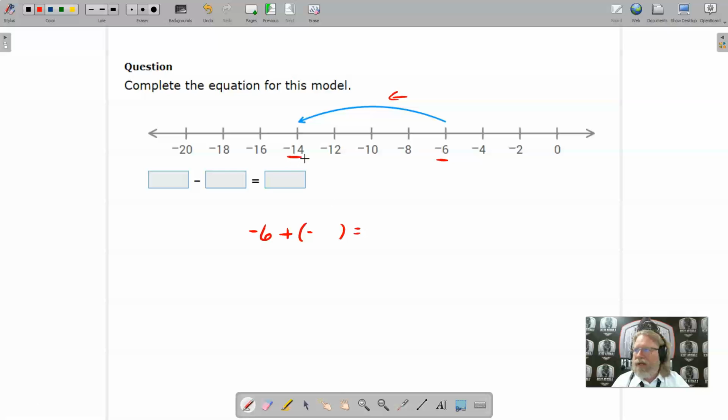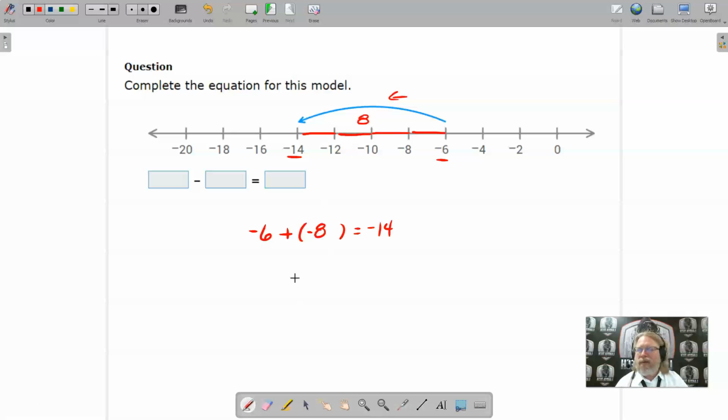And we're landing at negative 14. So that's going to be the sum, the answer, you might say. And now we just need to determine how many we're going to the left. Looks like they're counting by twos? All right, so that's 2, 4, 6, 8. So we went back 8 spaces. So it's going to be adding a negative 8.